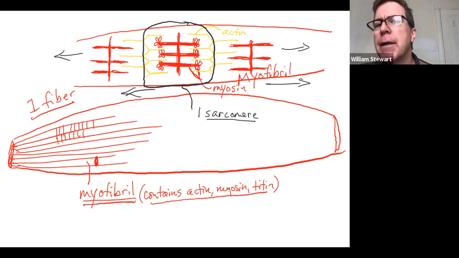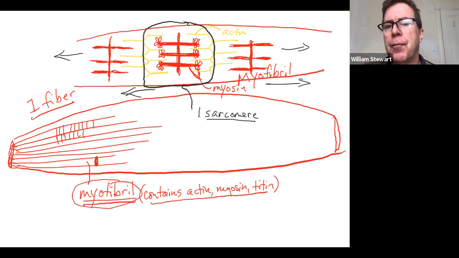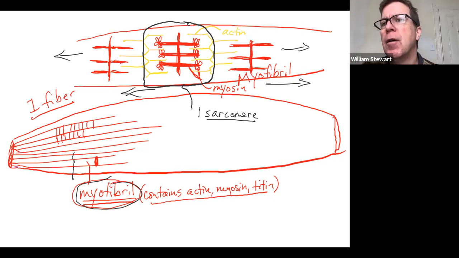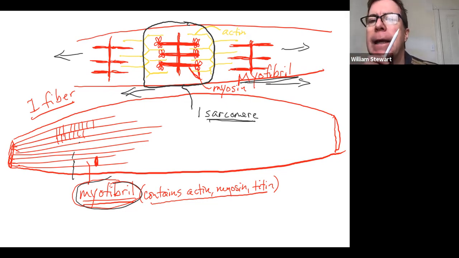So that's what's going on deep inside of a muscle cell. We've got tons of myofibrils inside of a muscle cell, all of these tubes, and then within each myofibril are these repeating banding patterns, contractile units of myosin and actin.